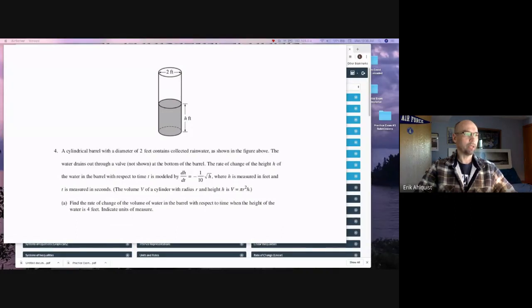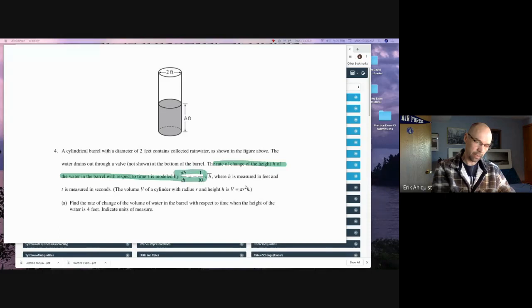But I started with the things that I would want to know: the rate of change of the height of the water in the barrel with respect to time is given by that. That's just a derivative of the height with respect to time, where H is measured in feet and T is measured in seconds.